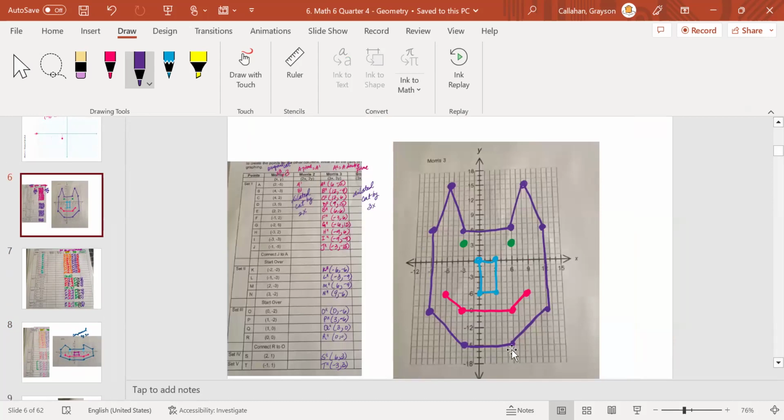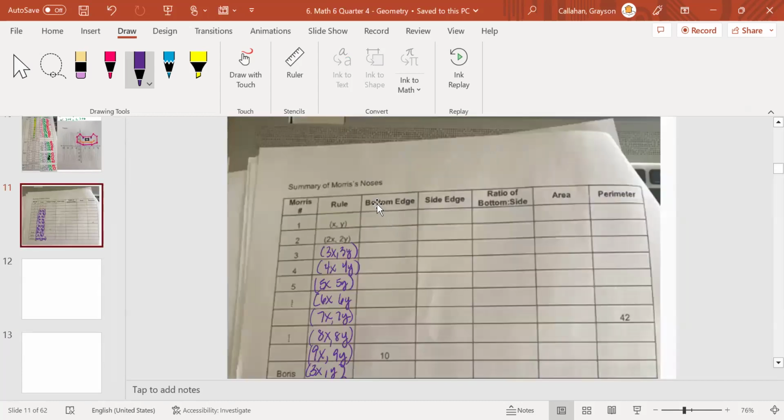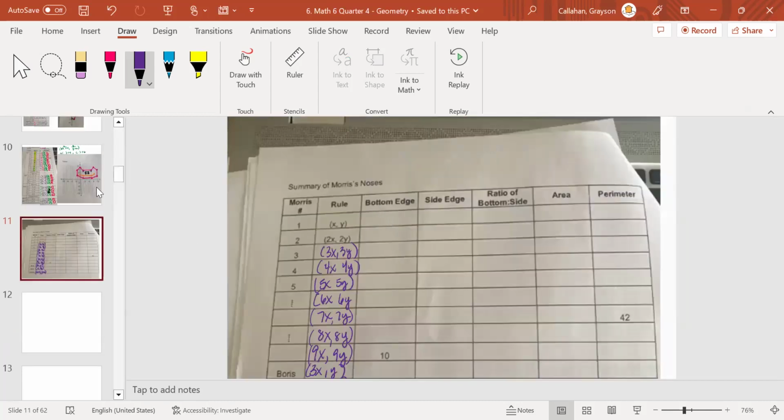Which one's the bottom edge? I don't understand. Is she talking about the nose, or what is she talking about? I don't get this. Oh, summary of Morris's nose.